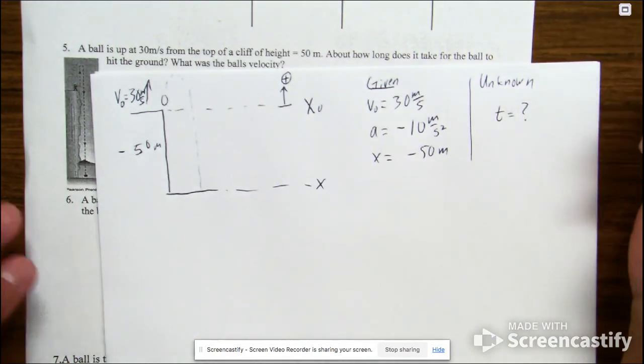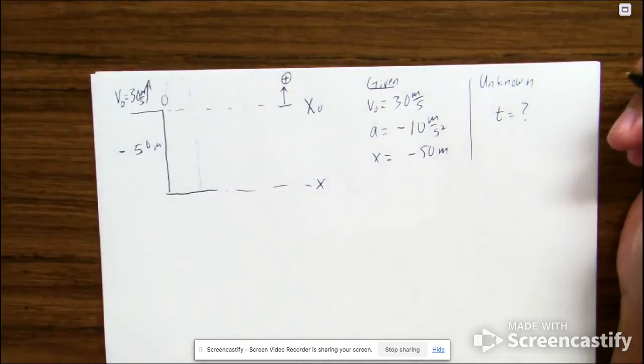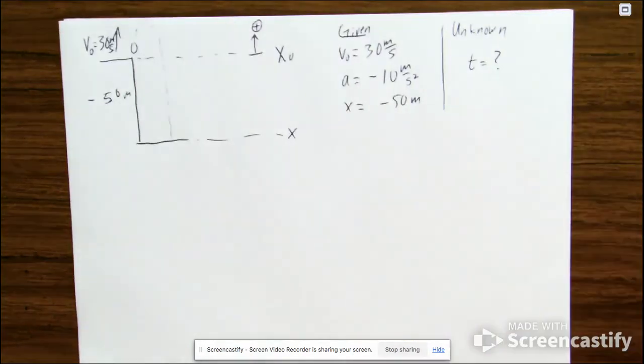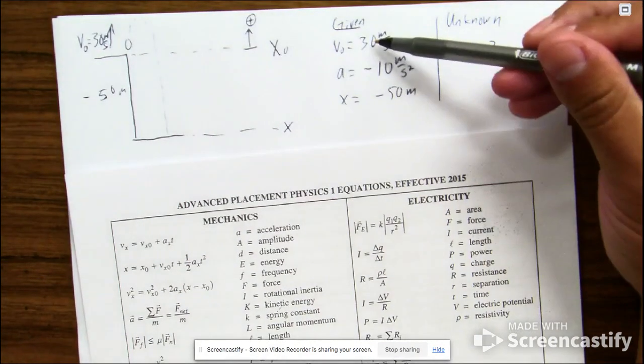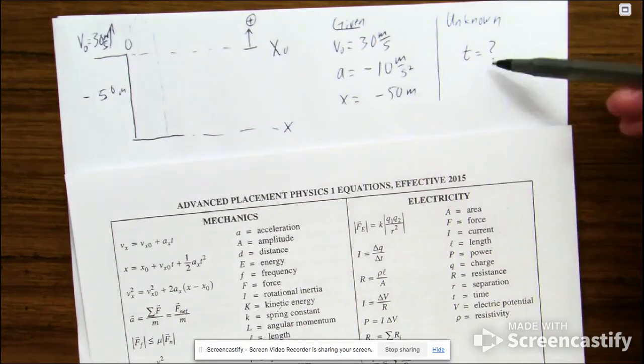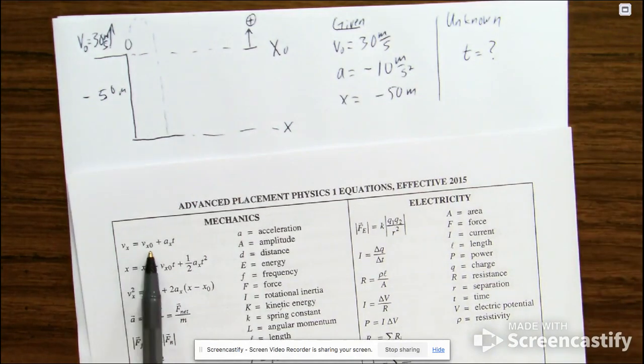At that point, I'm going to look at my equation sheet and find something that relates my initial velocity, my acceleration, my final position, and my time. You'll notice the first equation doesn't really work. The second equation has everything I need. The third one doesn't have time, so it's not going to help me.